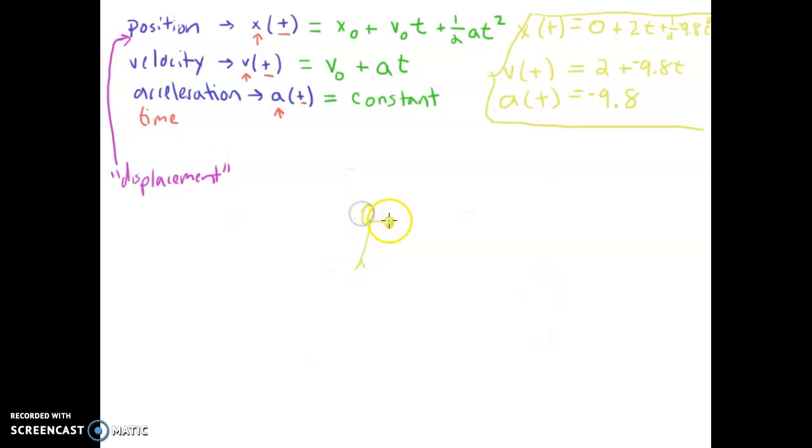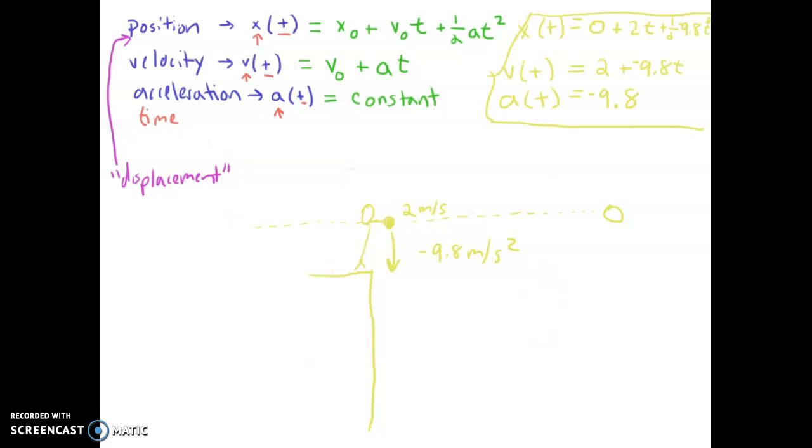Let's say you called the height that you were standing, your shoulder height, 0, because you can define anything as 0. And you were standing on this cliff and you threw a ball down. You gave it an initial velocity of 2 meters per second, and gravity has a value of negative 9.8 meters per second squared.